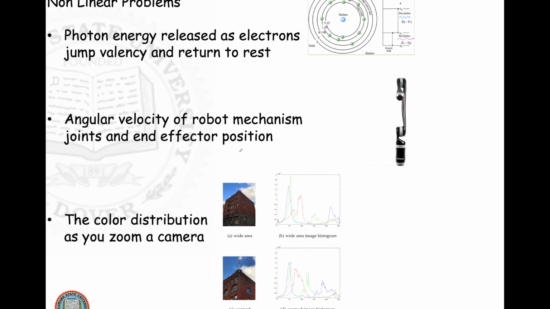And so those electrons get excited and they jump energy levels. And then when you stop pulsing that laser, that energy is dissipated, they return back to rest, and in doing so, they release photon energy. And so this idea, this jumping of energy levels and returning back to rest for the electrons, that's a highly nonlinear process. And so features that you measure that arise from this are going to have nonlinear qualities associated with it.